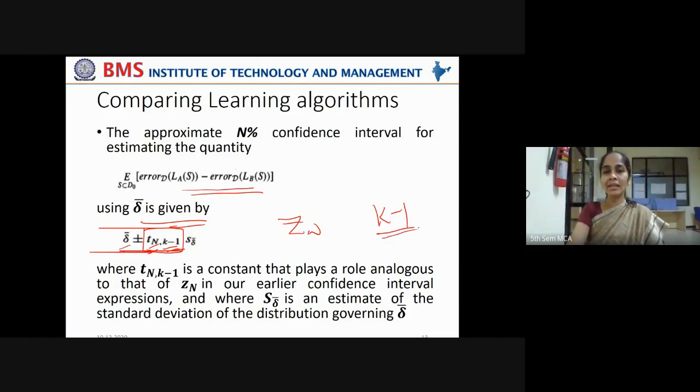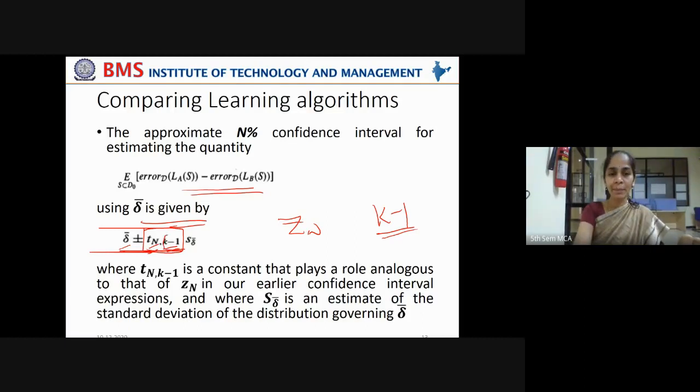What is this degree of freedom k minus 1? K is the number of partitions into which you have divided your data set. And one partition you are preserving for testing, validating, and the k minus 1 partitions you are keeping for training. So you have k minus 1 degrees of freedom.